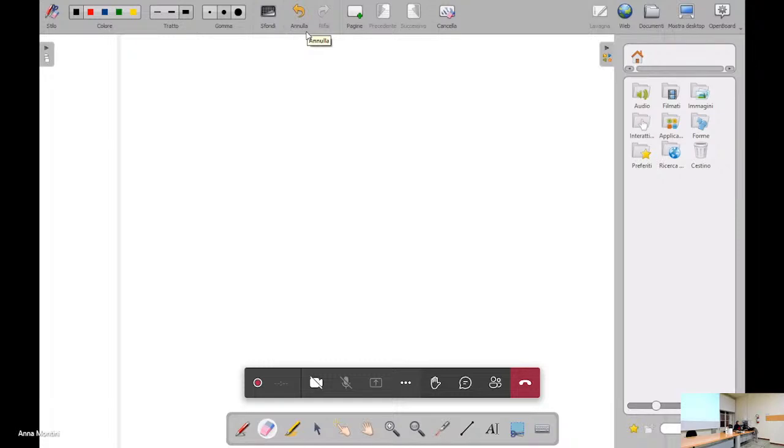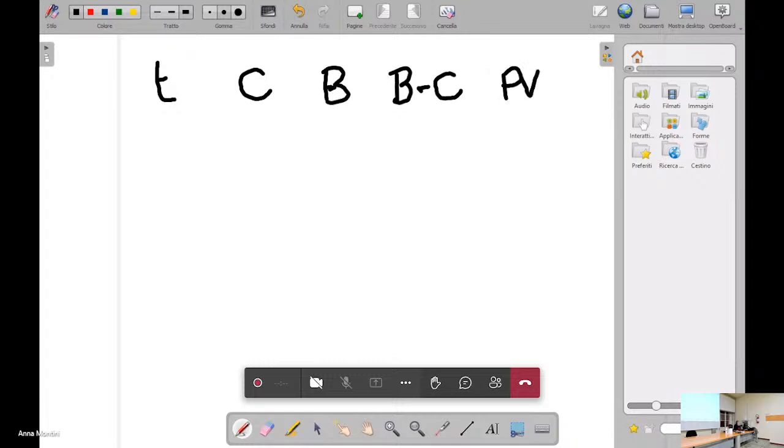If we have a cash flow like this, for example, cost, benefit, benefit minus cost, and present value of benefit minus cost.